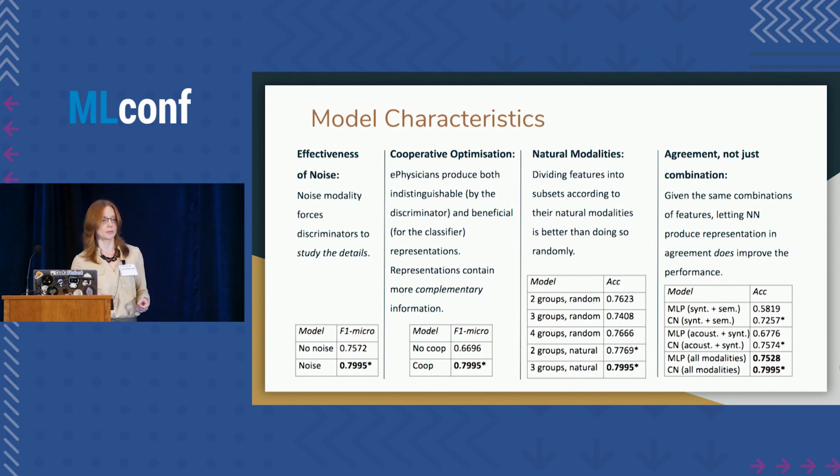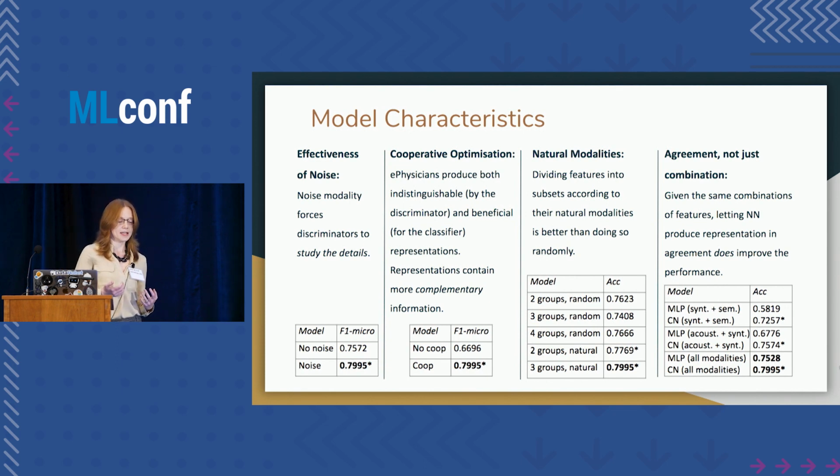When we use that cooperative optimization technique, it seems that representations start containing more complementary information. Some of the information within representations overlaps a bit, but it is complementary data that helps detect the disease, which is actually important.